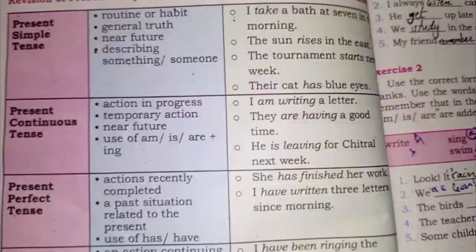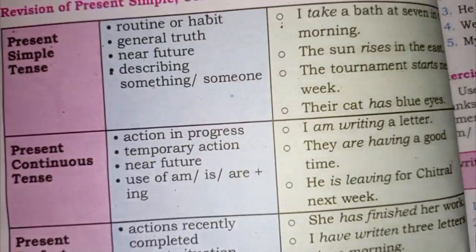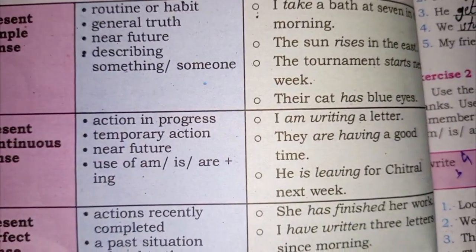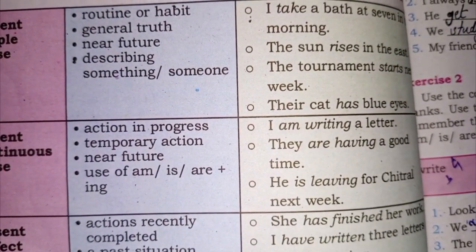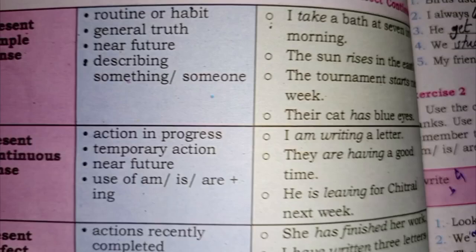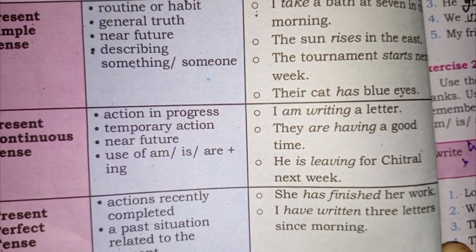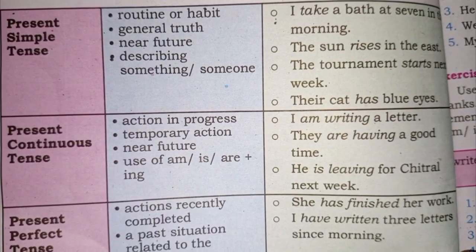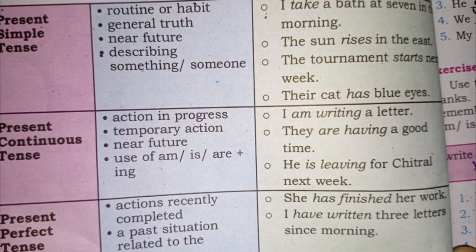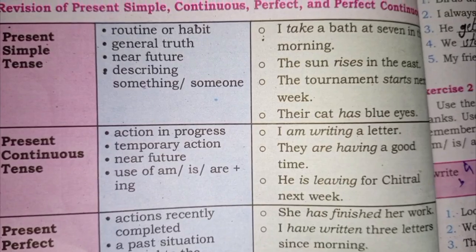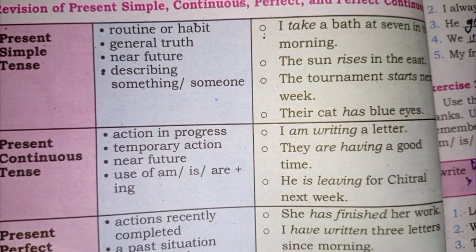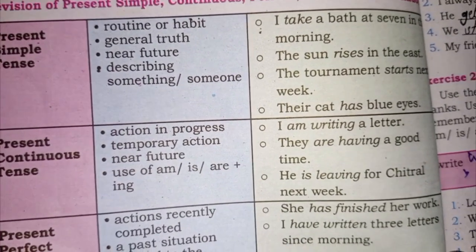Now come to the examples of the present continuous. Here you are looking: I'm writing a letter, means work is in progress. They are having a good time, means a temporary action. Now they are enjoying a good time, but after that maybe the situation will be different.